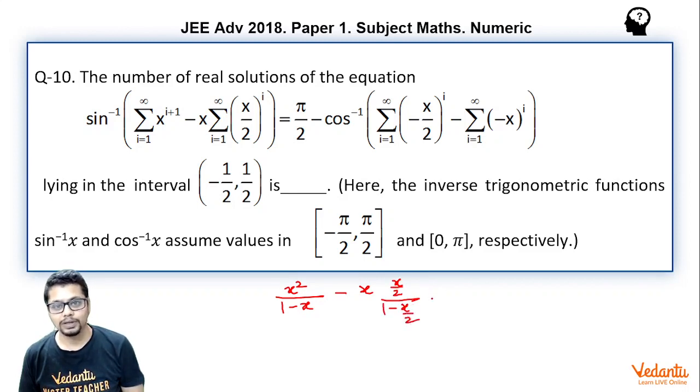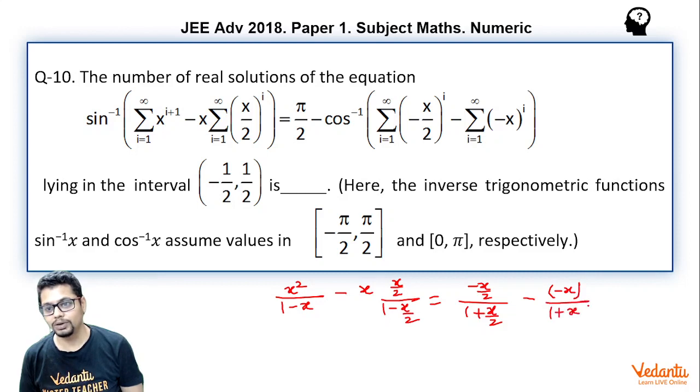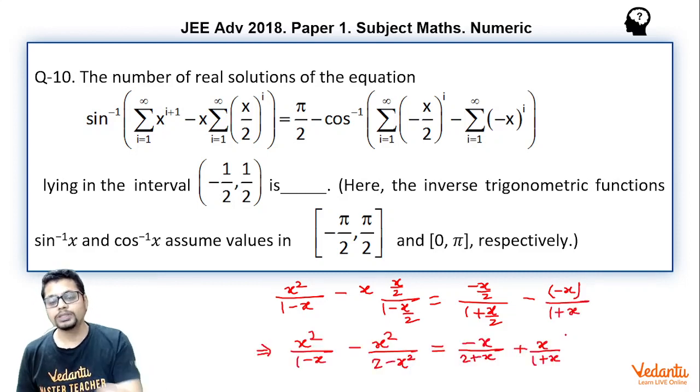Equal to, so here it becomes the first term is minus x by 2 and the common ratio is also minus x by 2, so this is what we get. Minus the first term is minus x and the common ratio is also minus x. Upon simplification we essentially get this. Clearly x equal to 0 is a root.